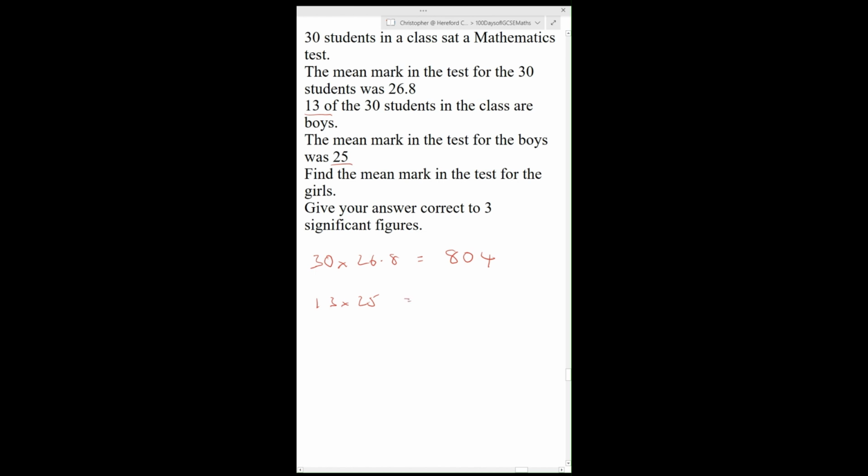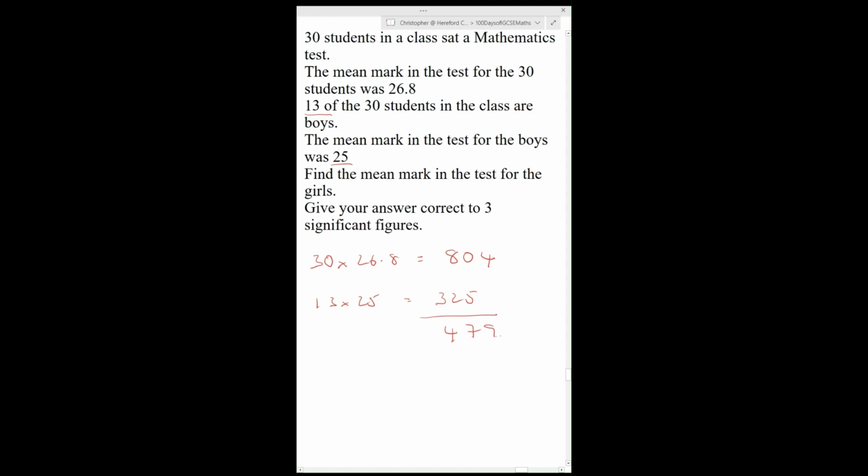Okay, we've got 30 students who sat a test and their mean mark was 26.8. So the total of all the marks is 30 times 26.8, 804. 13 boys and their mean mark was 25. So the total for the boys is 13 times 25, 325, which means all the girls must have totaled to 479.